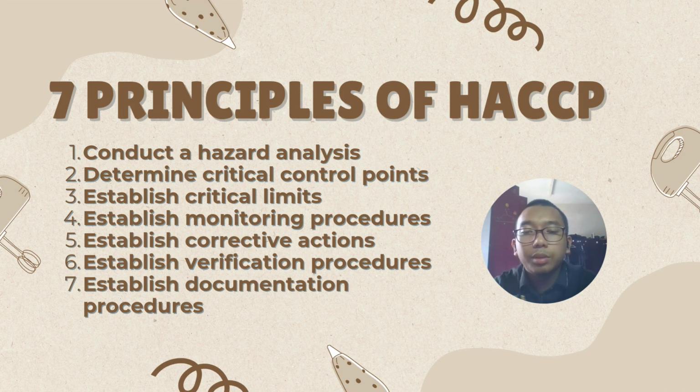Next, establish verification procedures, to verify that the HACCP plan is working as it should. Tactics may include conducting reviews, calibrating measurements, and testing products. And lastly, establish documentation procedures. Record keeping must be detailed and comprehensive, and it must also comply with local, state, and federal guidelines.